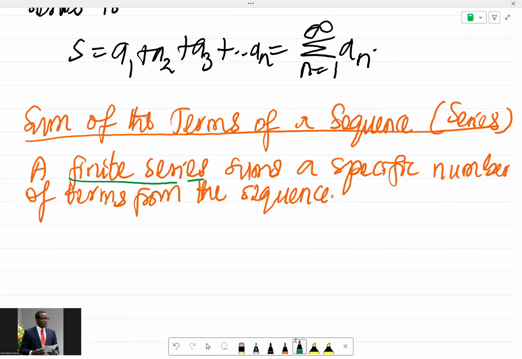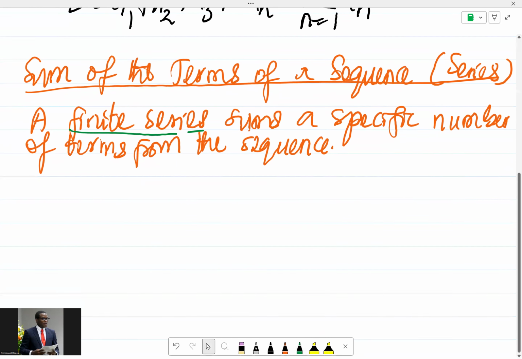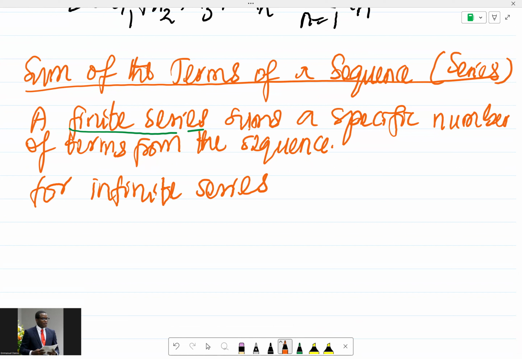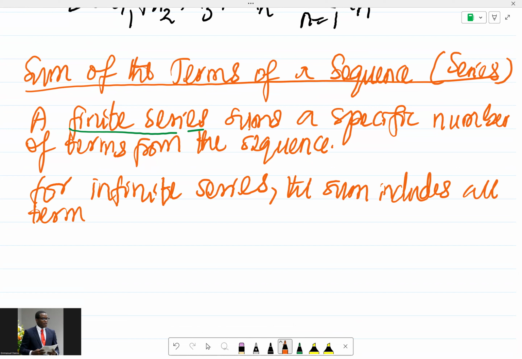On the other hand, for an infinite series, the sum includes all terms, extending to infinity.